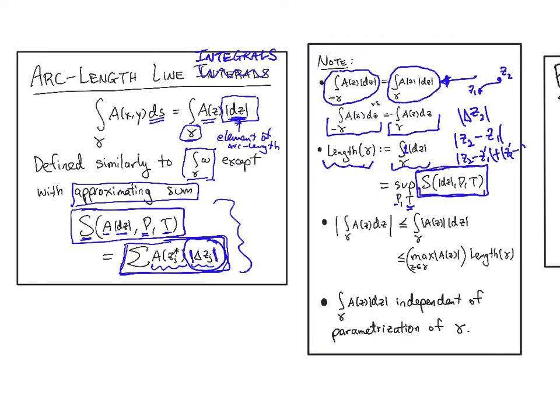And you see that by refining the partition, you only get bigger and bigger stuff. So this length can be computed as a supremum over all these. And so you can even just declare that the length in all cases is equal to the supremum. And then sometimes you just get infinity.